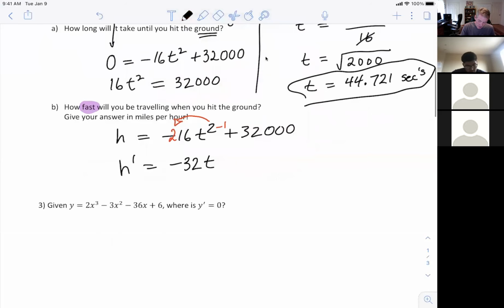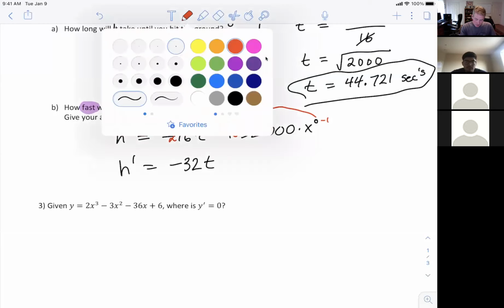And then for 32,000, you could look at it like it's 32,000 times x to the 0, because x to the 0 equals 1. So 32,000 times 1, that's the same thing. And then do the power rule. The 0, you bring it in front and multiply, and then subtract 1 from the exponent. But because it's 0 times 32,000, it's just 0.